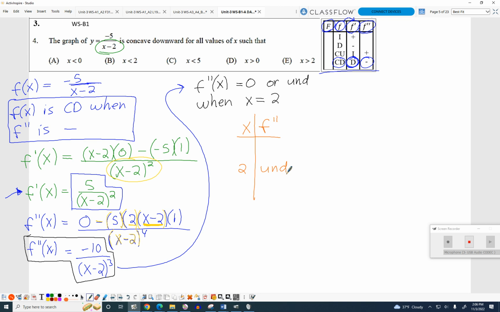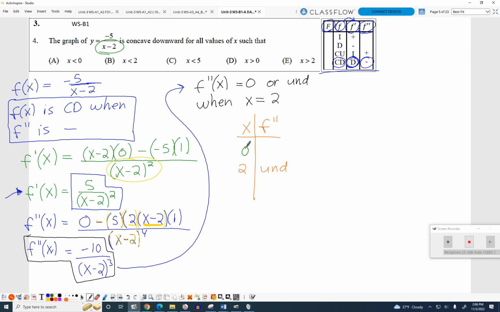Questions? If you write 0, will they take a point off? Probably not. Ezra, what do we do now? Oh, we find the f double prime for 1. 1 would be a good choice. 0 is a better choice.